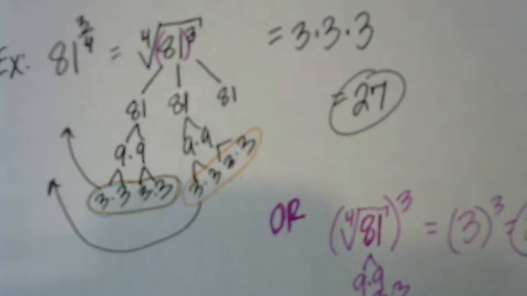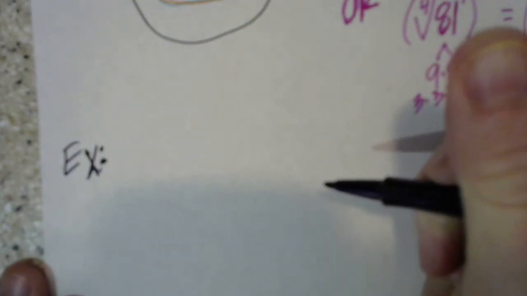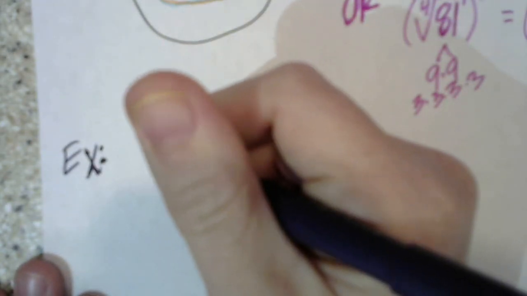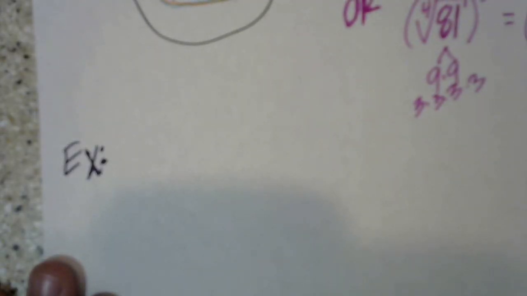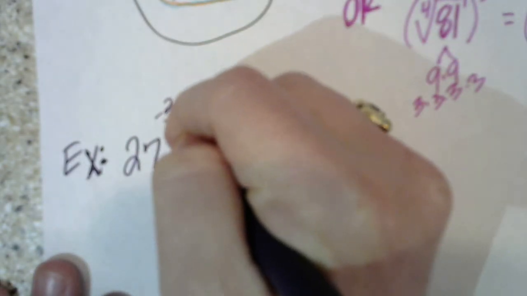All right, let's throw in a negative exponent. So what if we had 27 to the negative 2/3 power.